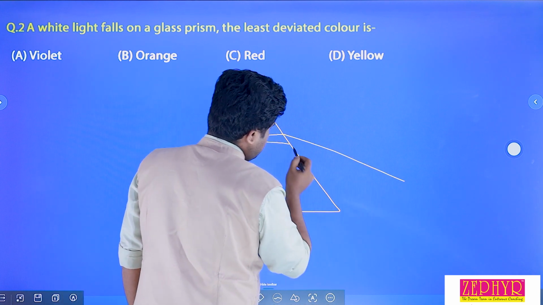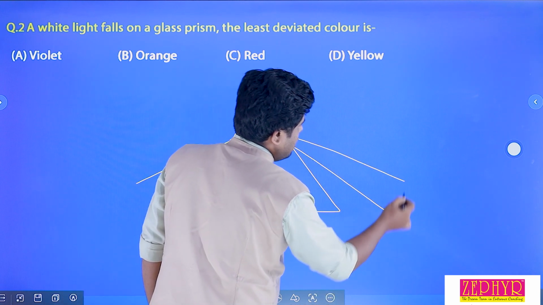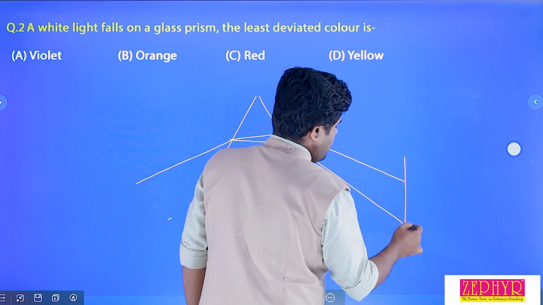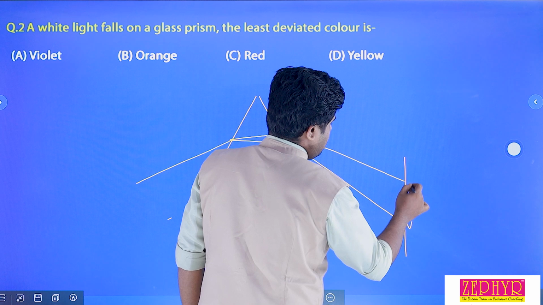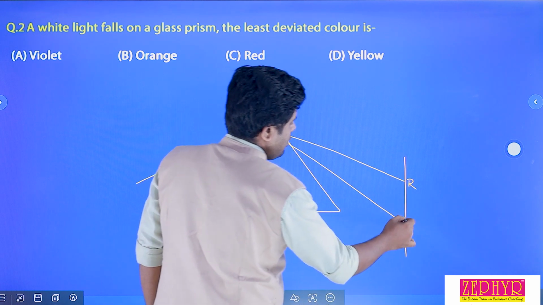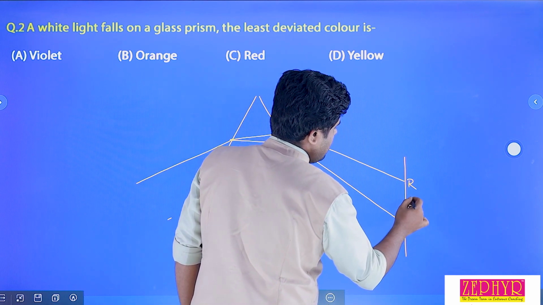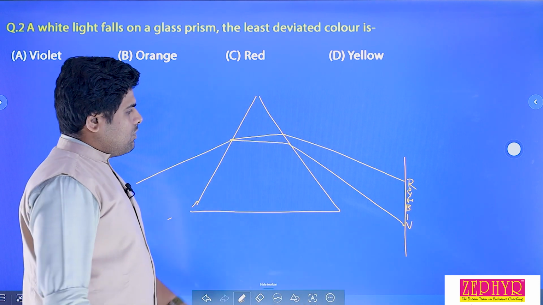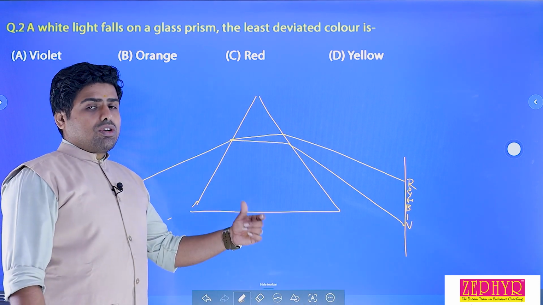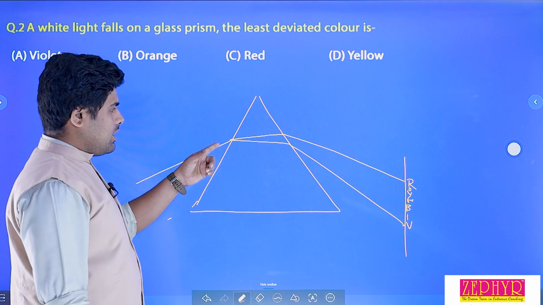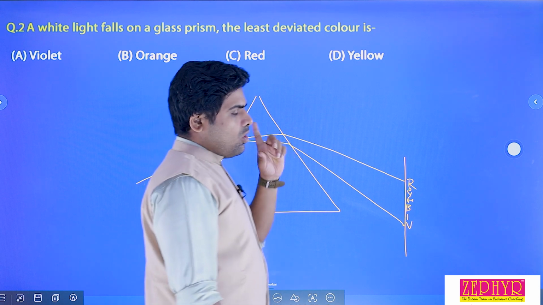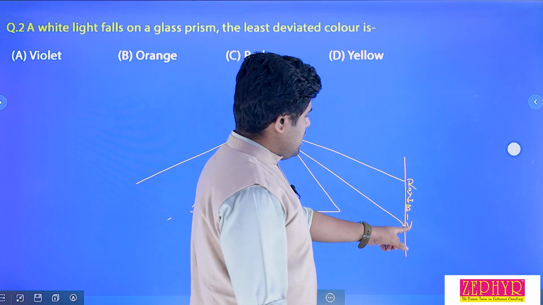The order is VIBGYOR, the constituent colors included in white light: violet, indigo, blue, green, yellow, orange and red.